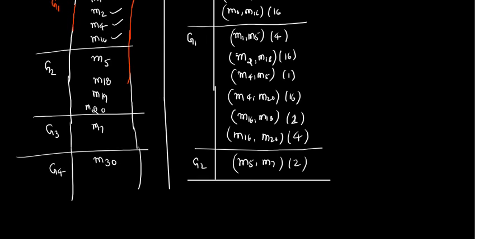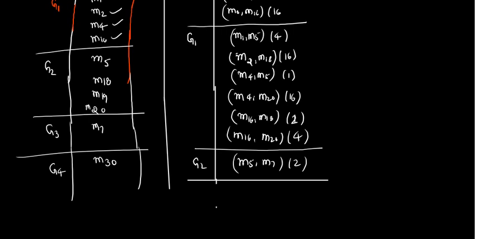Then we have group 3, M7, M30. No, odd minus even can't be, right? Even minus even is even, odd minus odd is even, but even minus odd cannot be even, right? Anyway, so we are done, right?